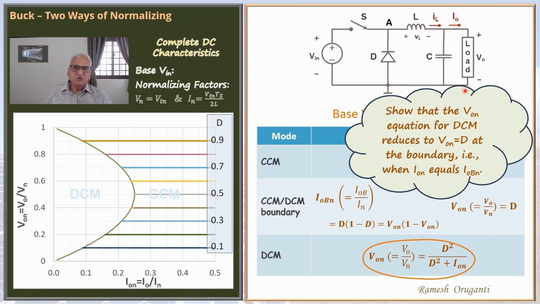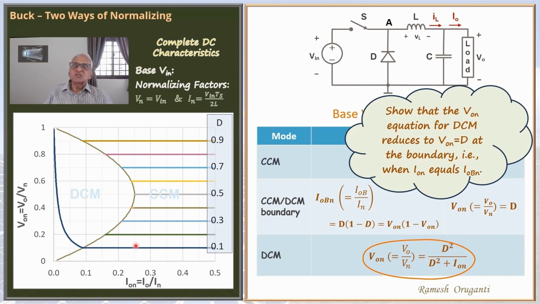As ION reduces, the denominator will reduce. As the denominator reduces, VON will increase. So the output voltage will increase. That's what happens here. As ION goes towards 0, VON goes towards D square by D square, that is 1.